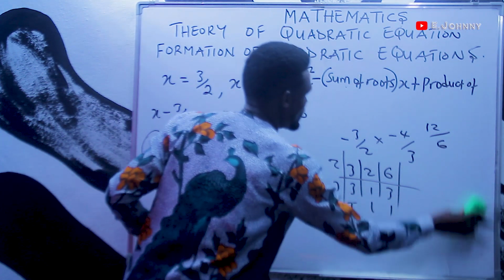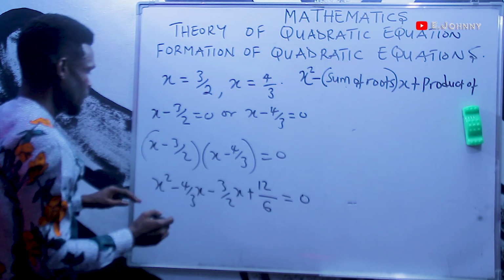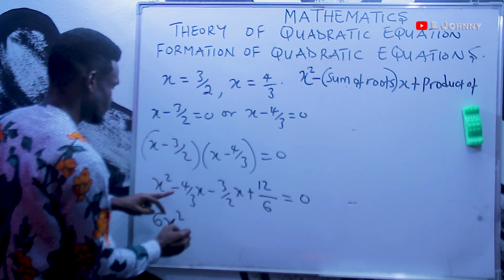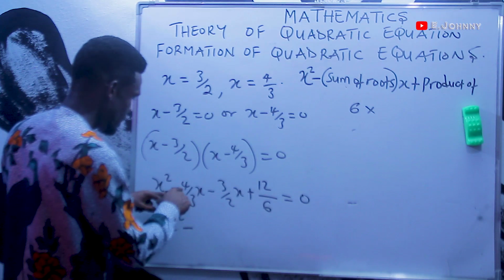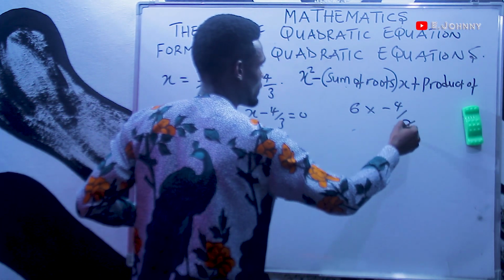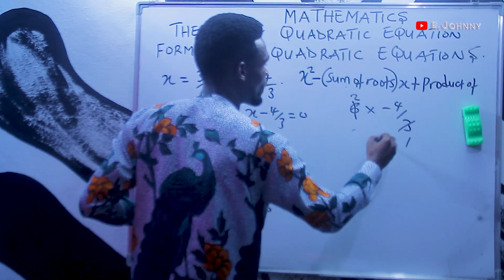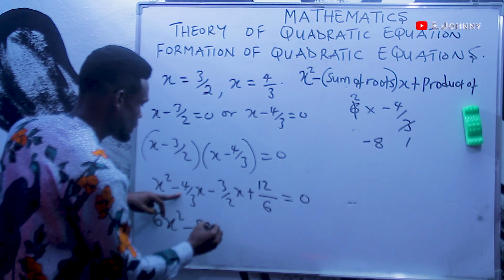So you are going to use that LCM, which is 6, to multiply each of the terms. So you have 6 times x squared, 6x squared, minus that LCM 6 times minus 4 over 3. 3 goes into 6 twice. 2 times 4, 8. Remember there's a minus there, so it's minus 8x.